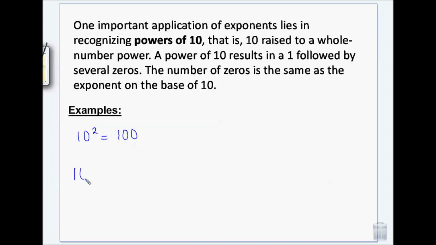So I can easily say 10 to the 8th, I just write 8 zeros. When you have 10s as your base, you don't actually have to multiply out that many 10s. You just take your exponent and count that many zeros. So 10s give you a nice little shortcut.